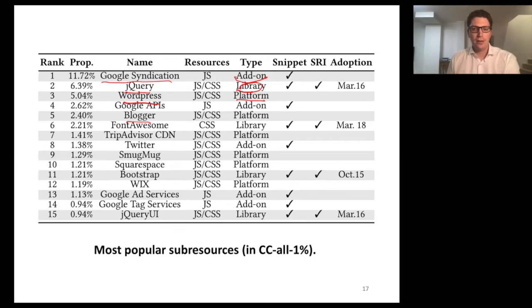And these kinds of libraries fully benefit from SRI. They can really be used in conjunction with SRI. So as we can see here, SRI is not a universal solution. It's not a silver bullet, as some sub-resources must evolve independently from the websites. And this is still an open problem, which is actually not covered by the SRI recommendation.